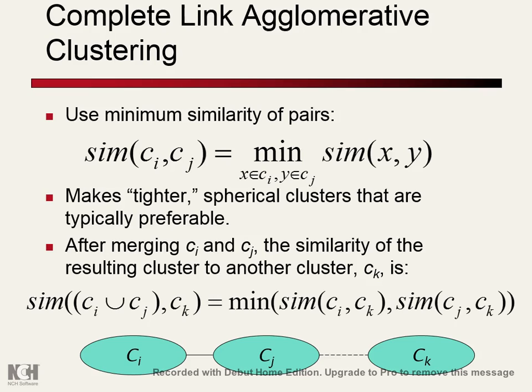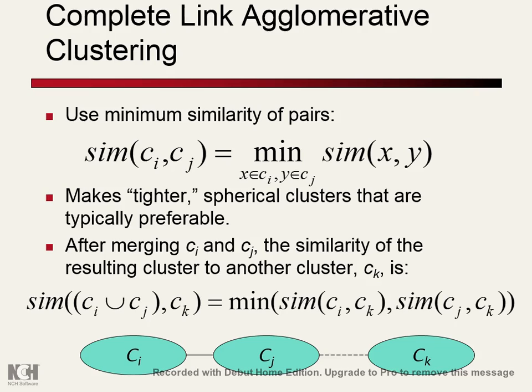So I will choose this one. This distance will be chosen because it's the largest between the two pair of clusters. So it is chosen as the cluster distance. It's what we call complete link.